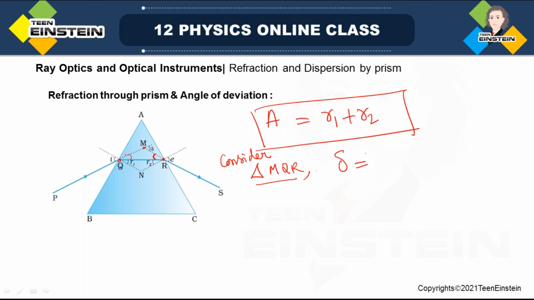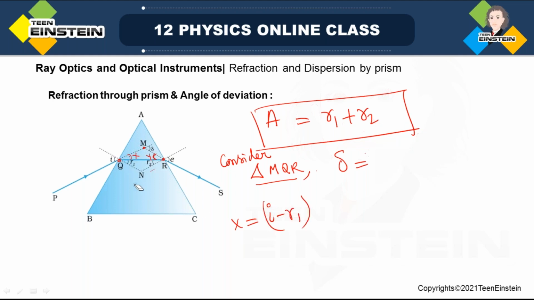See, this whole angle is actually I. Look, this is I, the whole angle. If I subtract this angle R1, look, I am writing. So the first angle is this one. If I say delta is this particular angle, and this is X and this is Y, then angle X is I minus R1.